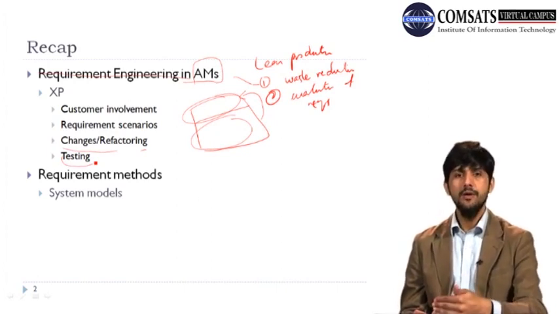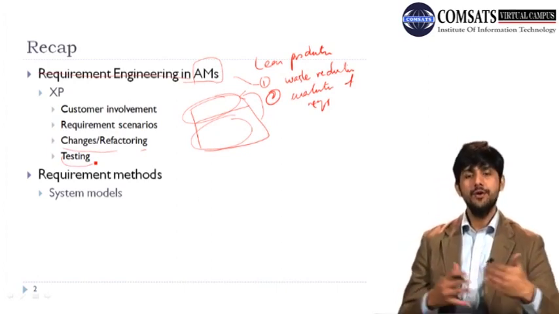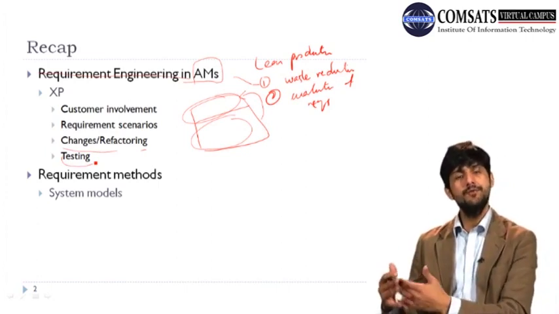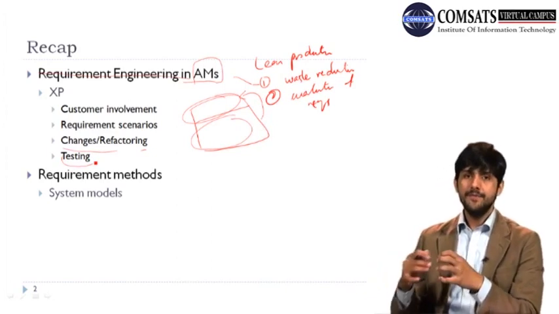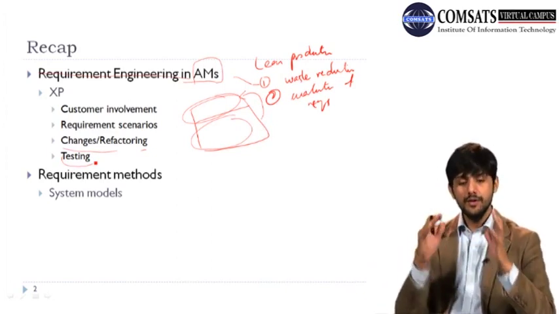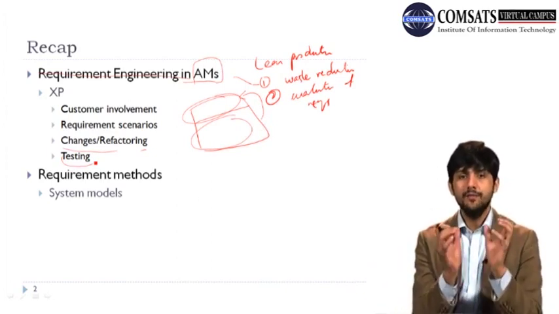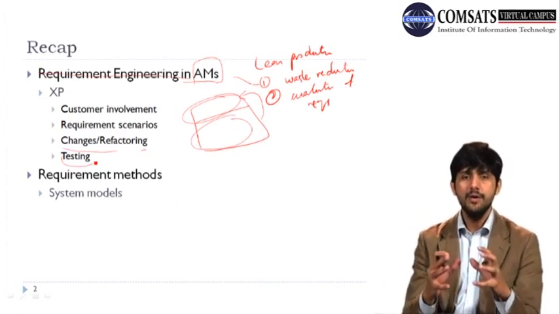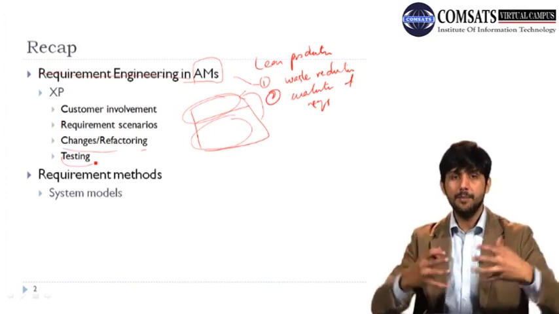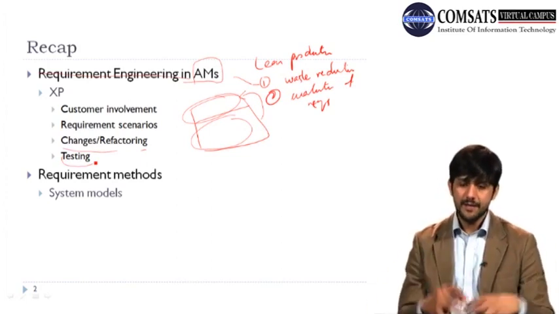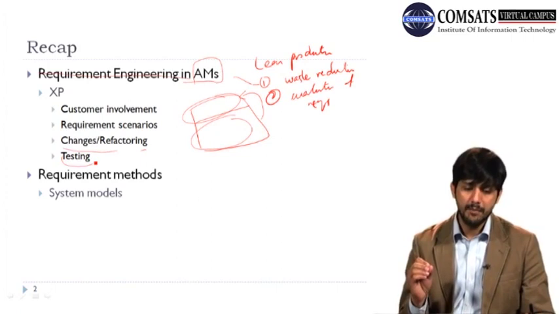By doing so, you are validating requirements. So you're removing all the problems with the requirements before you are developing. So you're removing waste. So we looked at all these things that are there in one particular agile method, and how requirements can be engineered within a particular agile method. So that was our discussion on requirement engineering in agile methods.